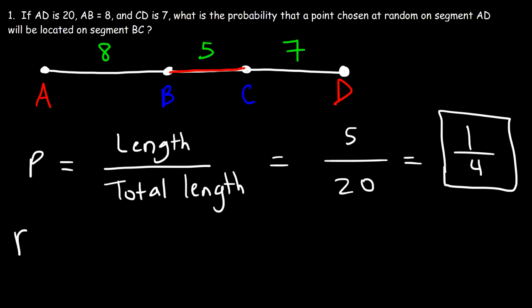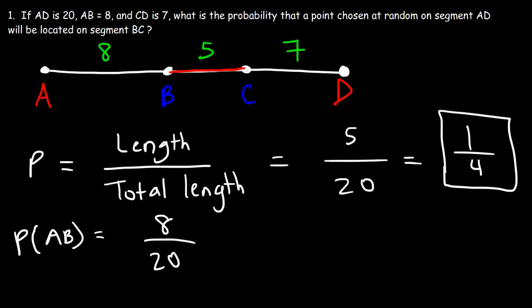So knowing that, what is the probability that a point will lie on segment AB if a point is chosen at random on segment AD? So what's the probability of getting a point in this region out of all the points in AD? AB has a length of 8. The total length is 20.